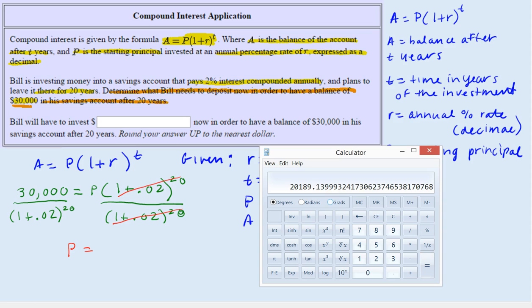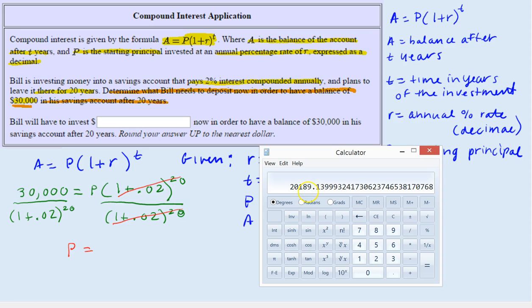Now I'm going to see what they wanted us to round to. So Bill will have to invest blank now in order to have a balance of 30,000 in his savings account after 20 years. And it says to round your answer up to the nearest dollar. So we want to make sure that he exceeds 30,000 and doesn't just get close.